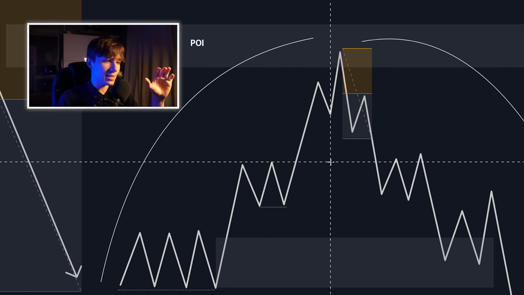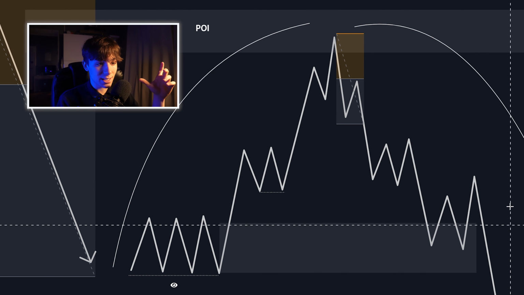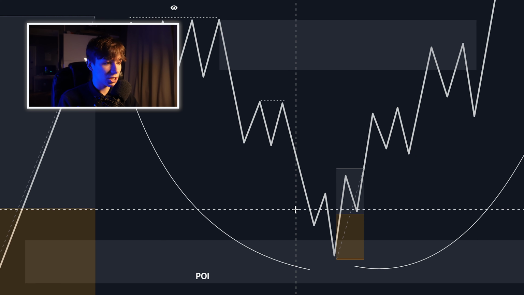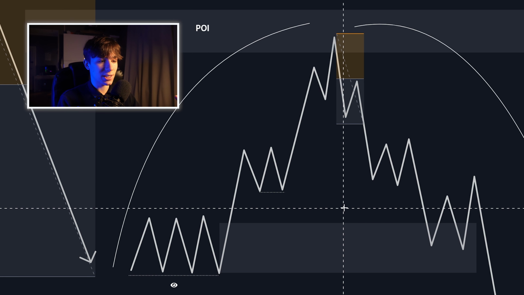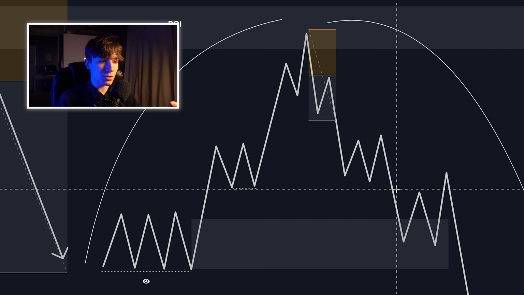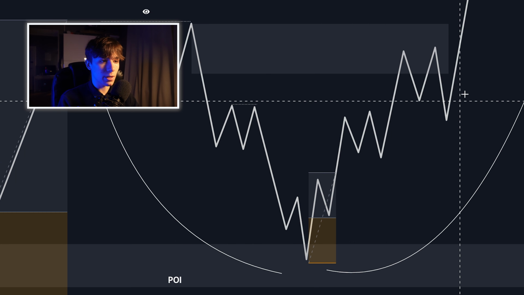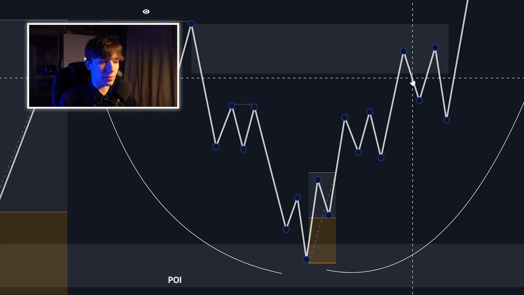But why I'm saying this is because ICT actually leaked his favorite strategy, and it's with this market maker buy or market maker sell model. He basically likes to trade the redistribution of the market maker sell model and the reaccumulation of the market maker buy model.